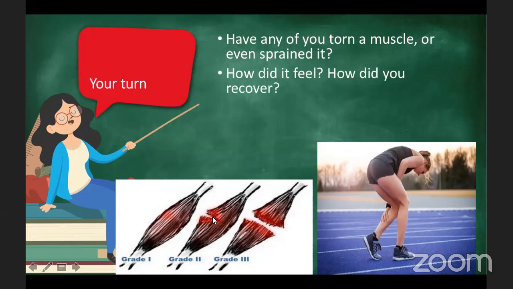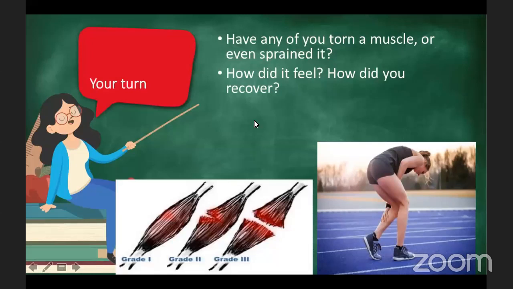Therefore, your muscle will be torn apart definitely. Then when you proceed to grade 3, your muscle will be completely torn apart. When you reach grade 2 and grade 3, you really have to see your physio or your doctor.